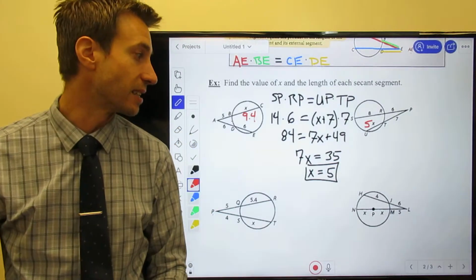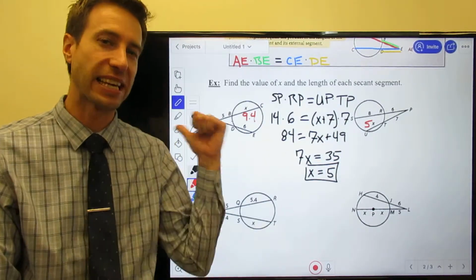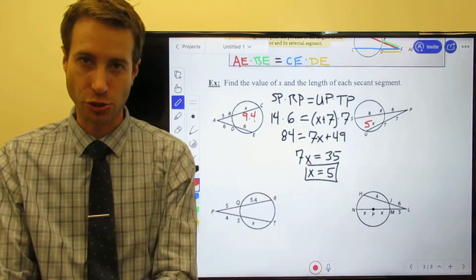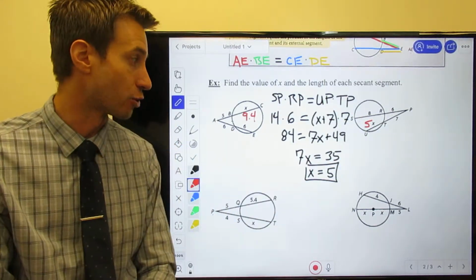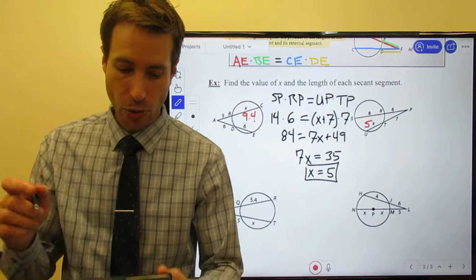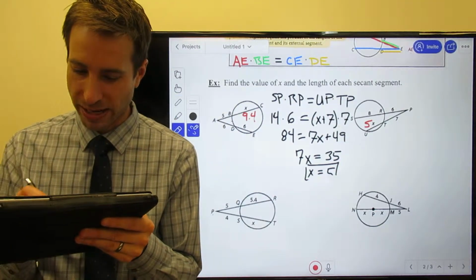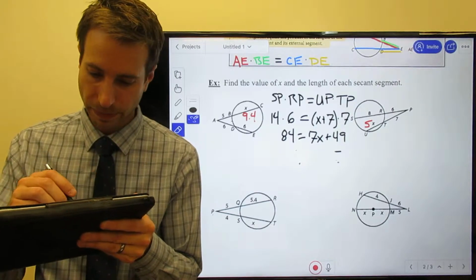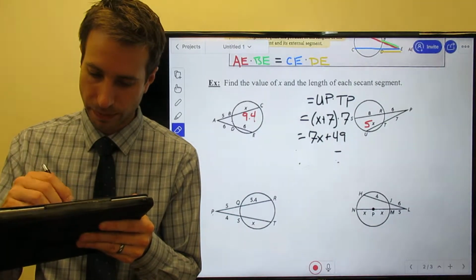So we get x is equal to 5, and once again, just like in the last one, we wind up with a polynomial that I have to distribute something through in order to do the algebra properly. Okay, let's keep going. I got a couple more for you here. Again, practice makes perfect, so we're going to keep practicing these until we get good at them.